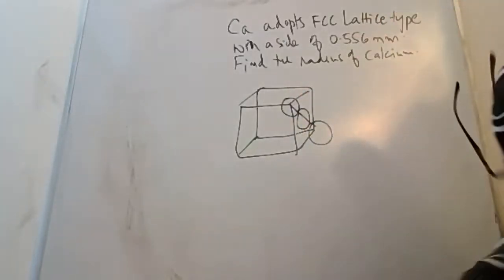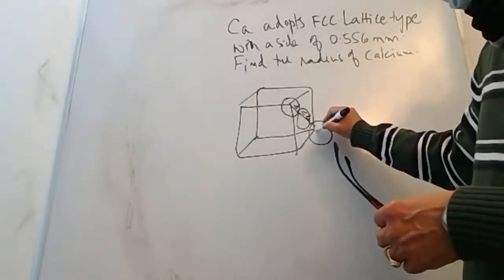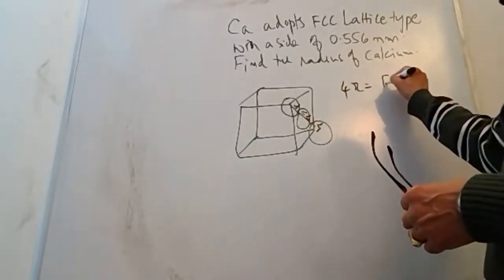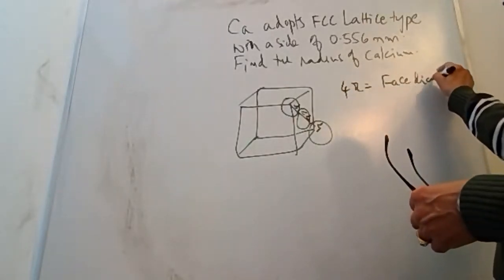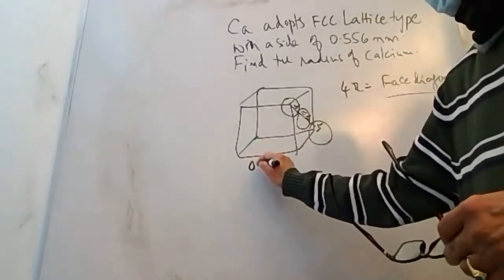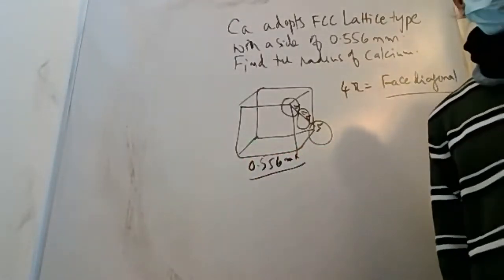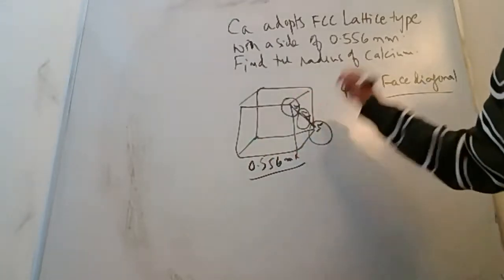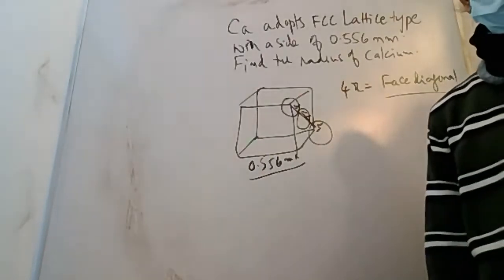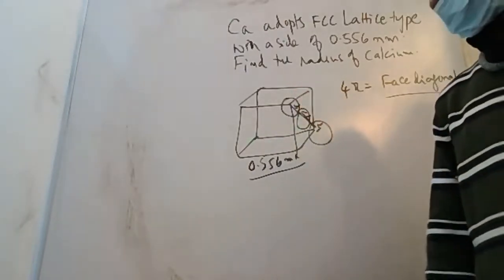So that diagonal length corresponds to R plus R plus R plus R, so 4R is the face diagonal. I already know the length of this side is 0.556 nanometers. So what should be the length of the face diagonal then, if the atoms are touching along the face?